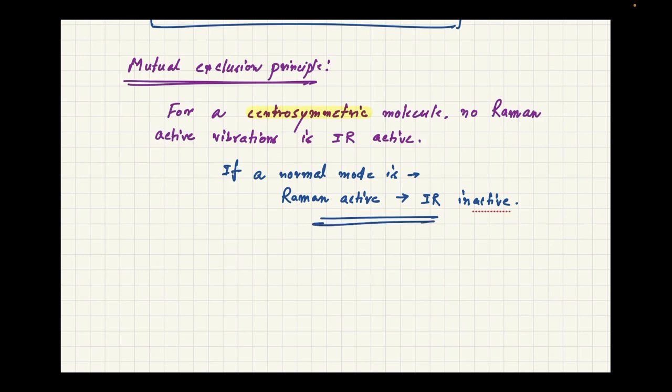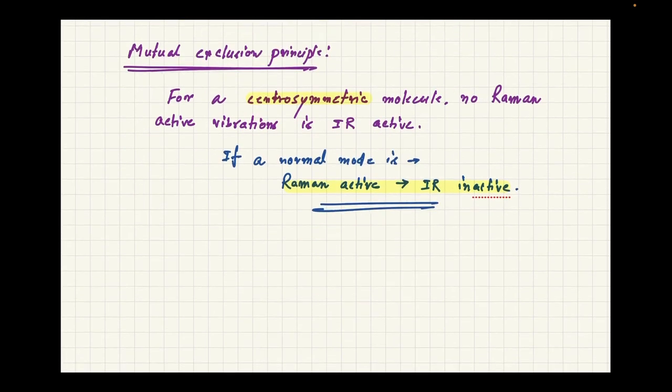For a centrosymmetric molecule, you can easily check this from the direct product. This principle is called the mutual exclusion principle. Using the same theory, you can predict for other point groups or other molecules.